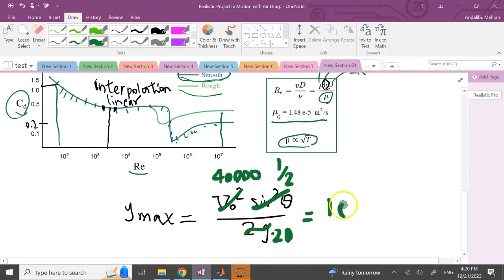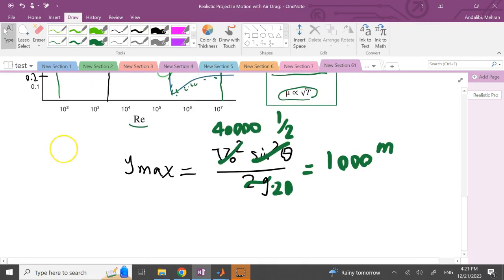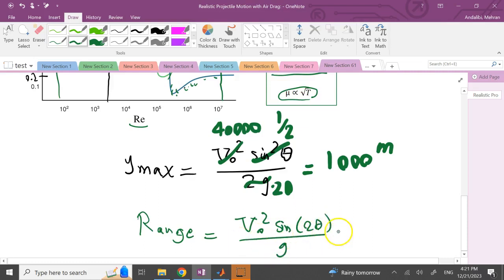So you should get about 1,000 meters high. And the range, if you remember, is v naught squared sine of 2 theta divided by g, and this is 1, this is about 10, and this is again 40,000. So it should go to about 4,000 meters.